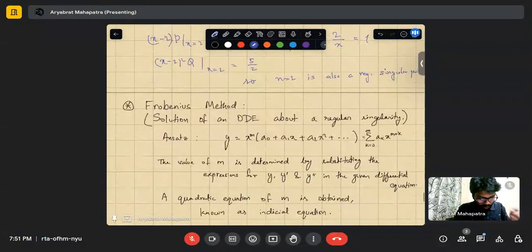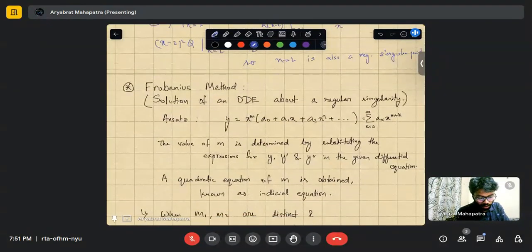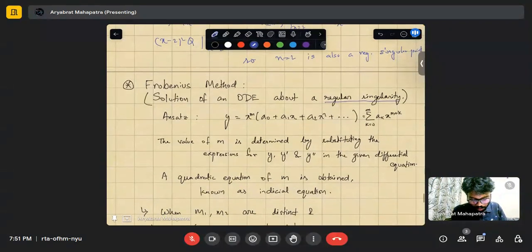So now, using this series solution method, how can you solve differential equations around a regular singularity? The technique is well known, and that is given by Frobenius, that is the Frobenius method.